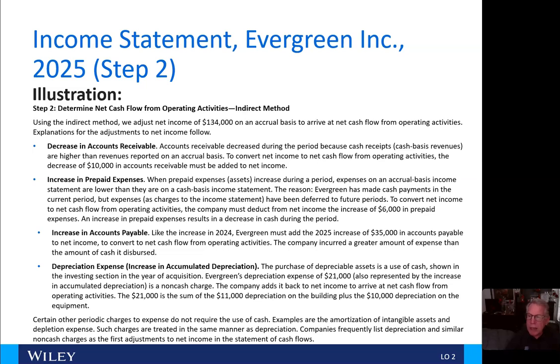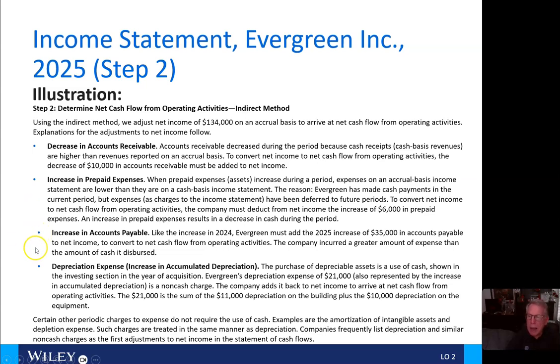So to convert net income to net cash flow from operating activities, the company must deduct from net income the increase, again, an asset that's increasing. So we're going to subtract that as a use of cash of $6,000 in prepaid expenses. Prepaids are a current asset, as you would know, so any increase in a current asset is going to be a decrease in cash.